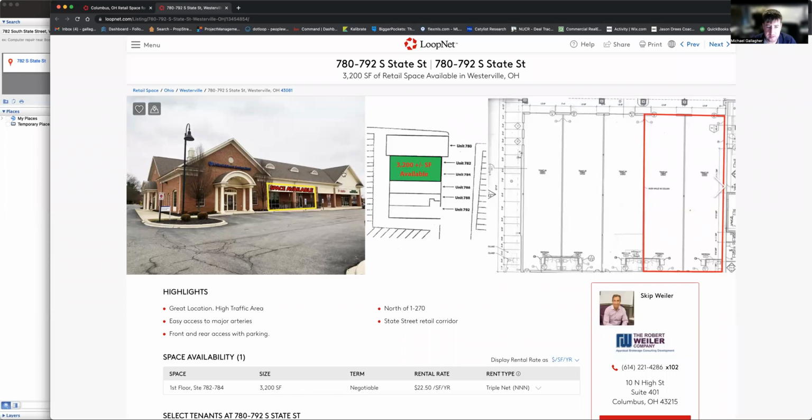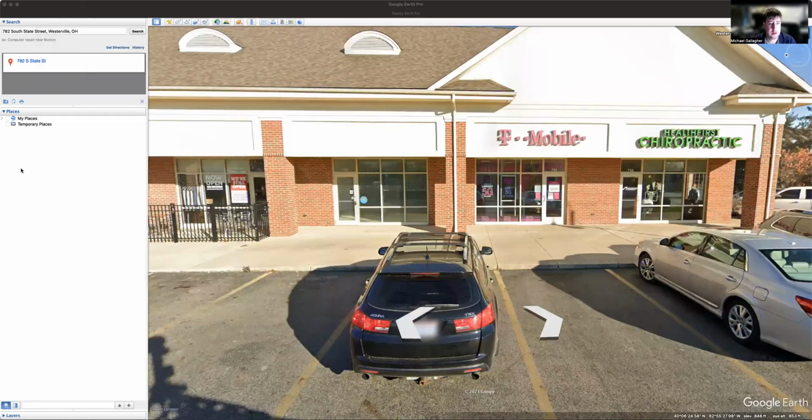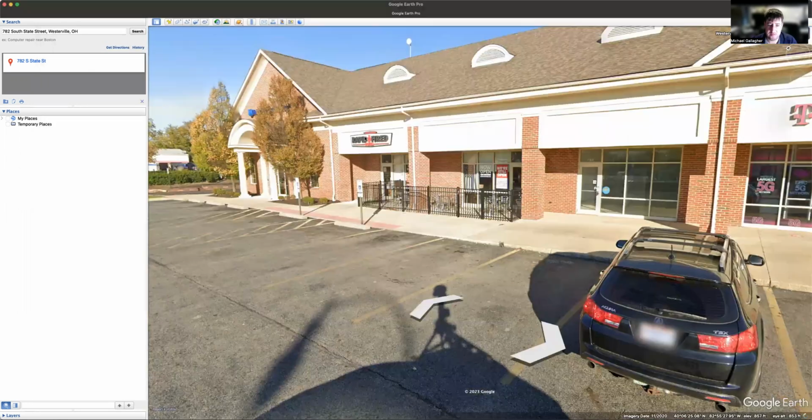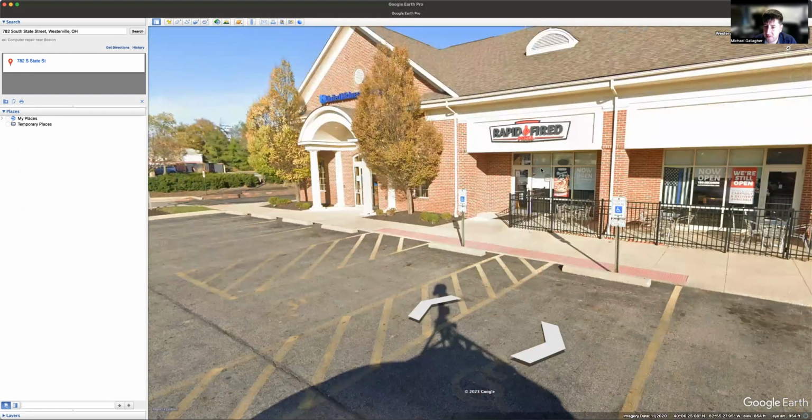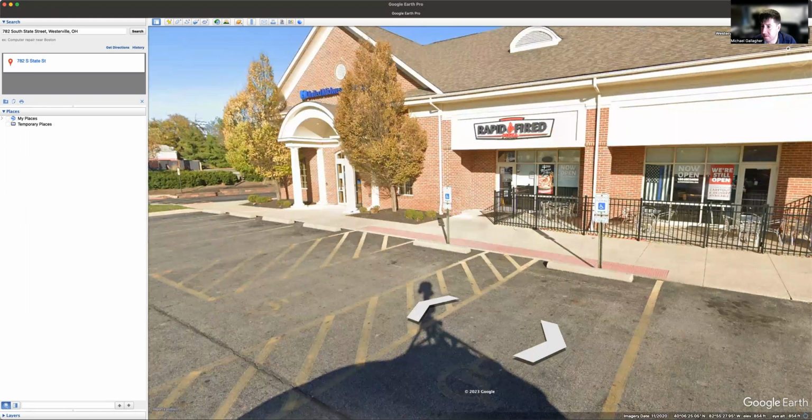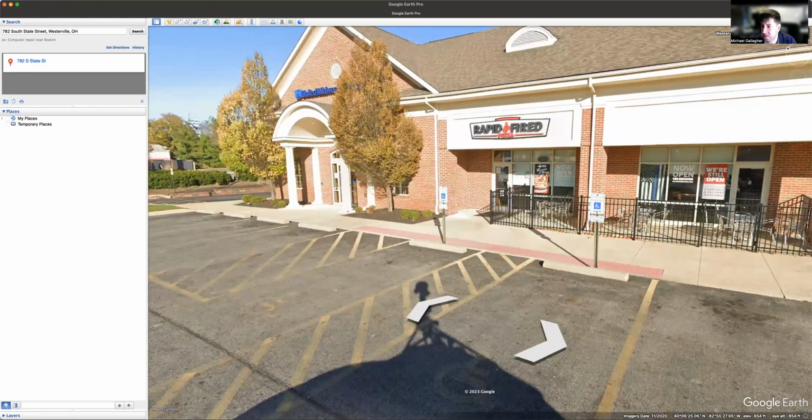So T-Mobile and the other tenant must be staying. So it's the space right next to the bank. So it's whatever this rapid fire thing is. Is that a pizza place? Yeah, it must have been that fast casual pizza thing.